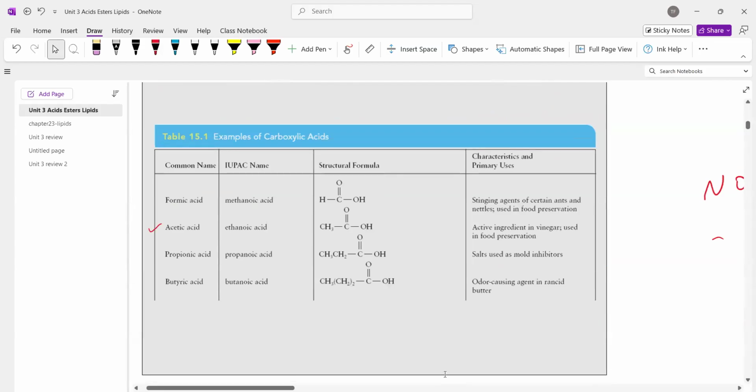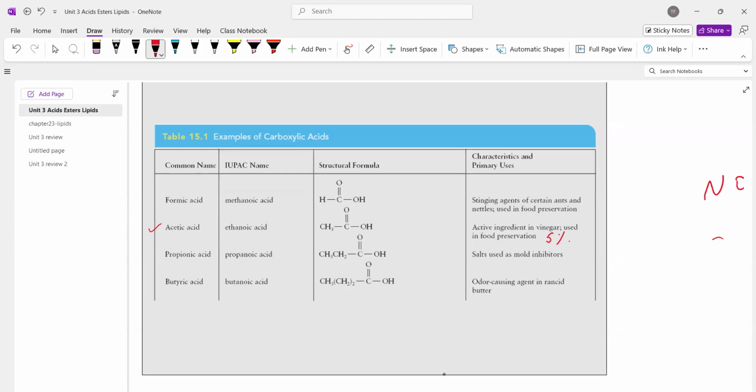Okay, so these are some pretty common carboxylic acids. Acetic acid is probably the most common you're familiar with. Also called dilute acetic acid, 5%. Commercial vinegar is 5% acetic acid.